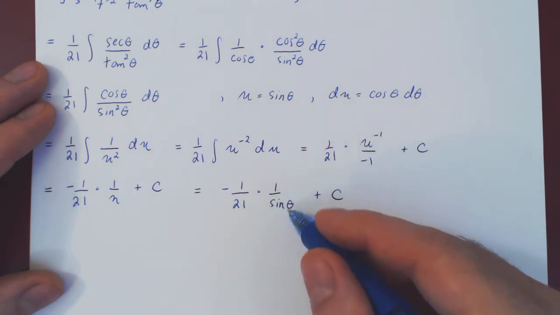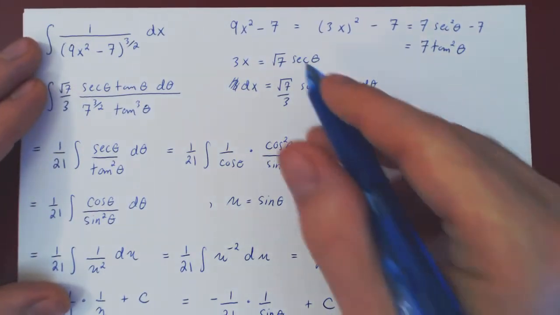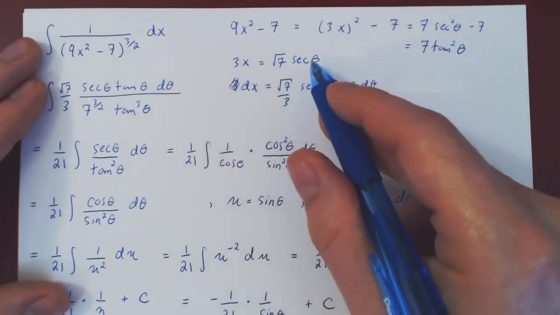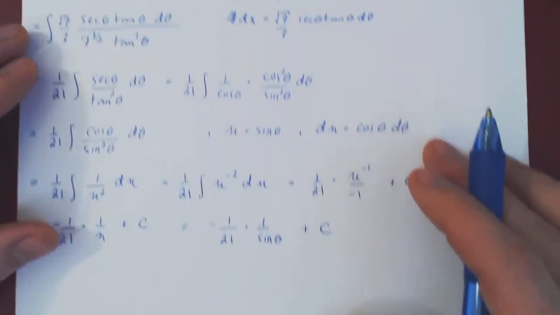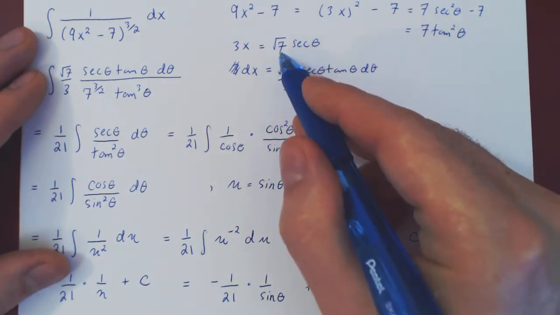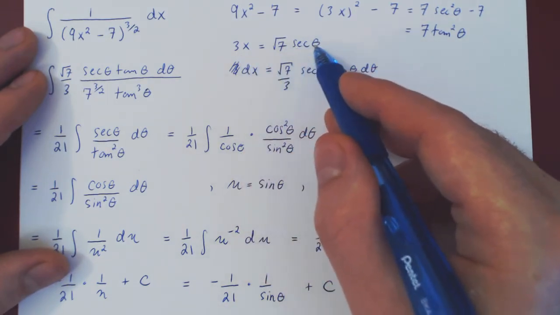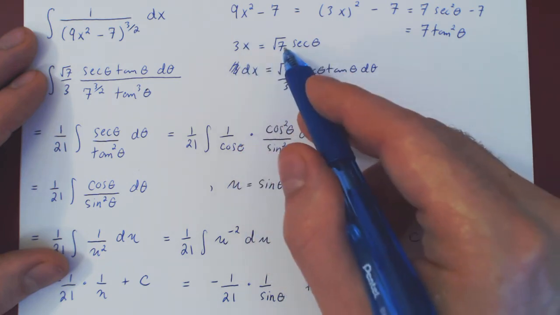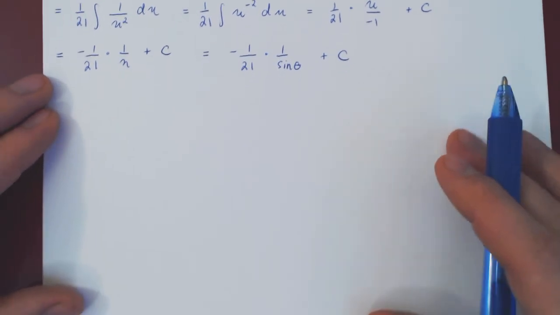And so what is sine of theta now in terms of x? Well, we go back to our trigonometric substitution, which was 3x is the root of 7 secant theta. So if you divide both sides by root of 7, you have that secant theta is 3x over the root of 7. So let me write this again here.